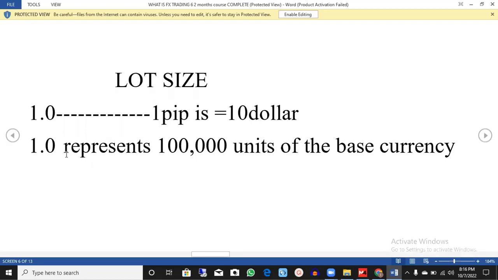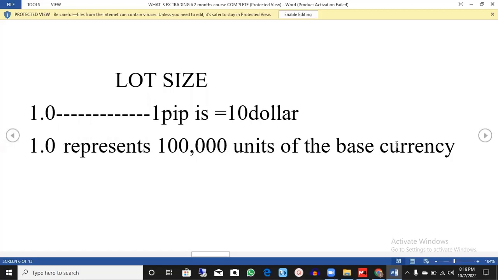Now, one standard lot represents 100,000 units of the base currency. I told you about the base currency. In every pair, the first currency is the base currency, and the second currency is the counter currency.